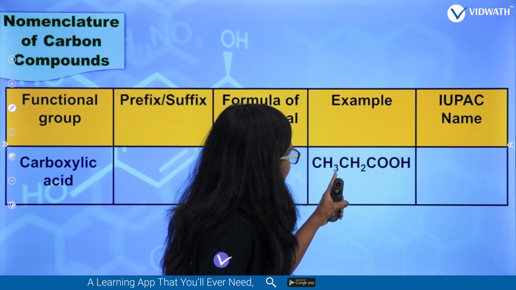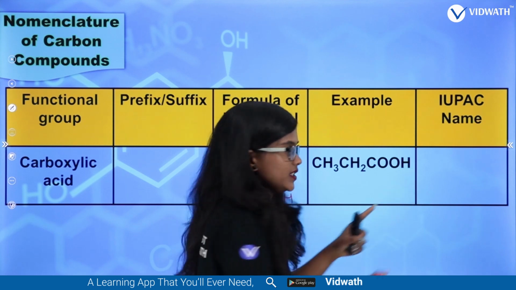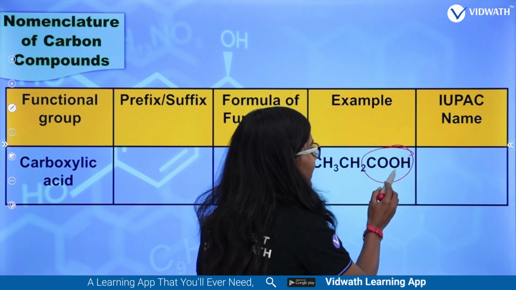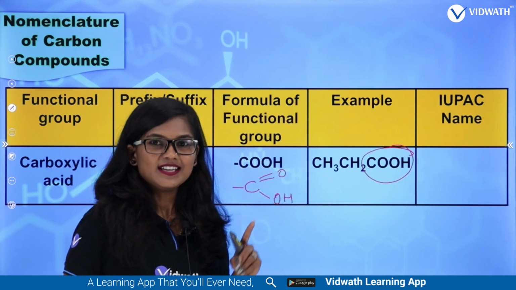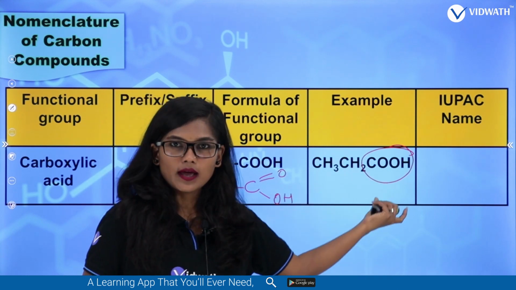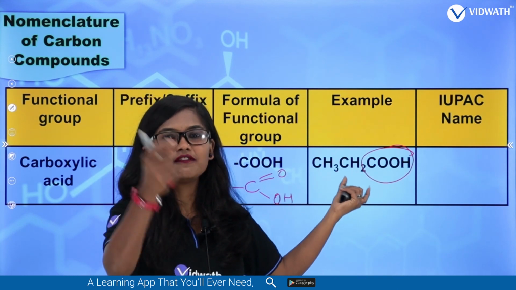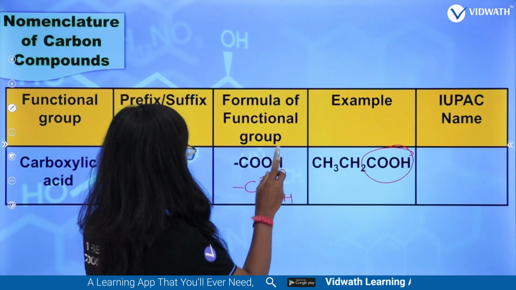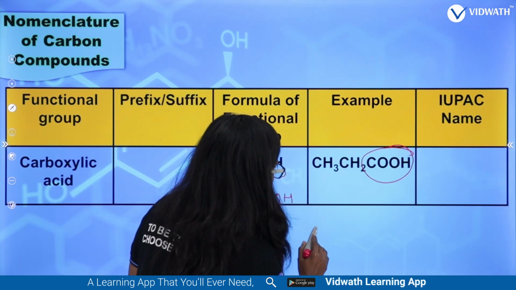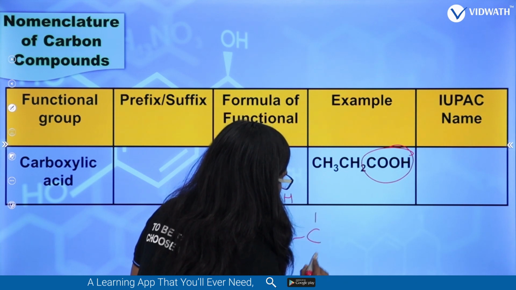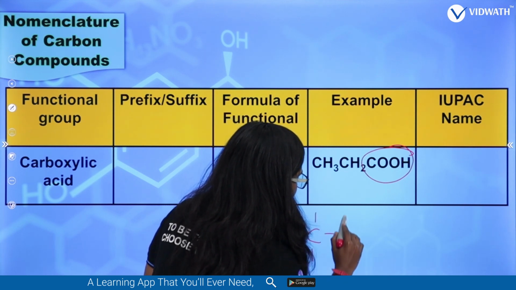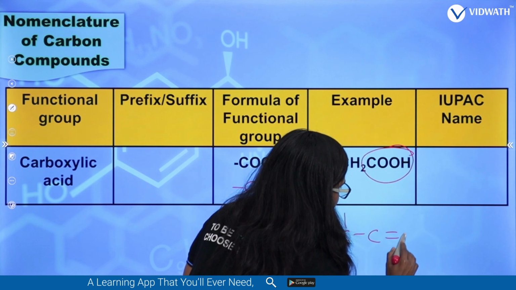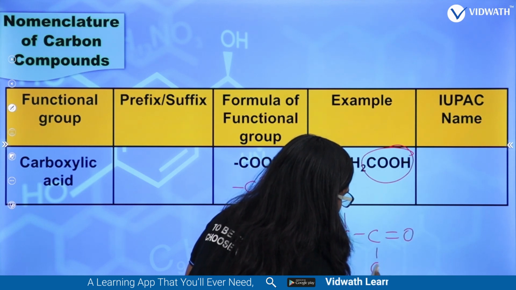So we do have CH3, CH2, COOH. What is this functional group? COOH, that is carboxylic acid. So how do we name this hydrocarbon containing the carboxylic acid functional group? If you write it, CH3, CH2 and COOH, C double bond O, OH.